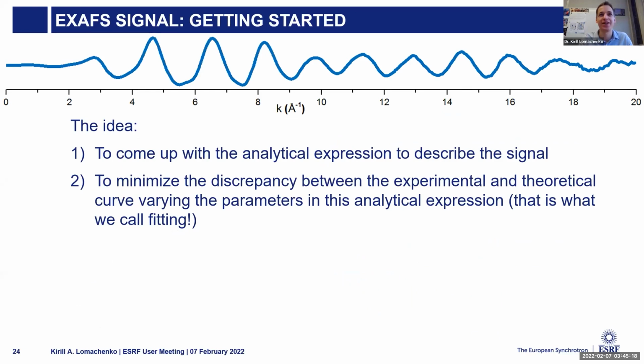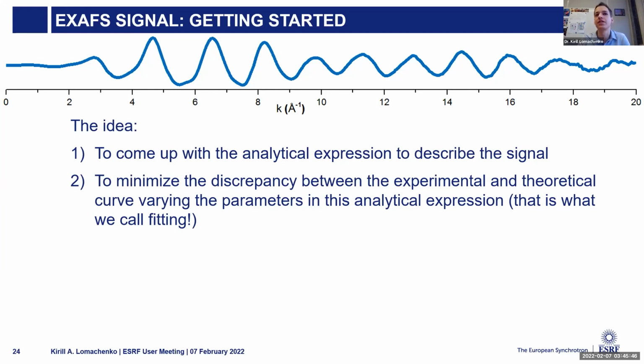And here, how are we going to do it? We say that this signal contains information about interatomic distances, coordination numbers, and so on. So we hope to come up with an analytical expression to describe this signal, a function of structural parameters that gives us this signal.